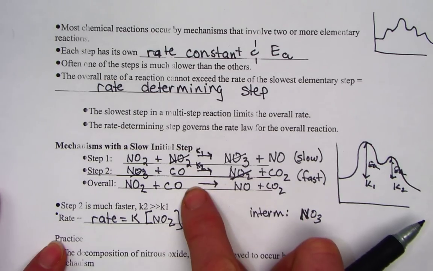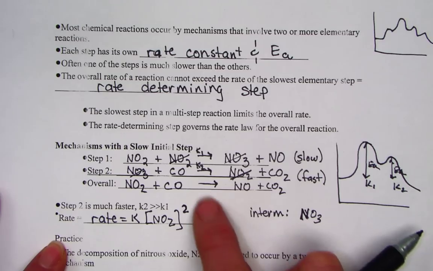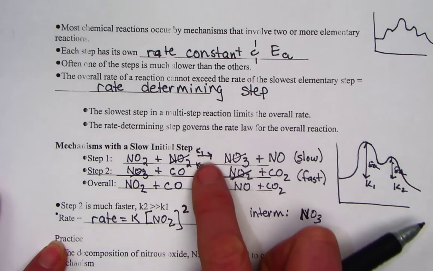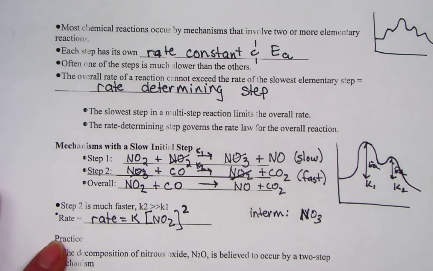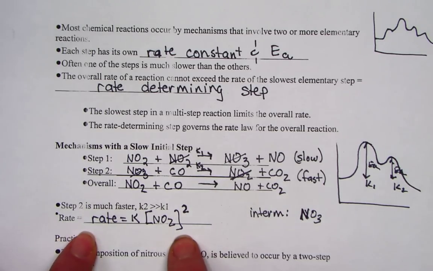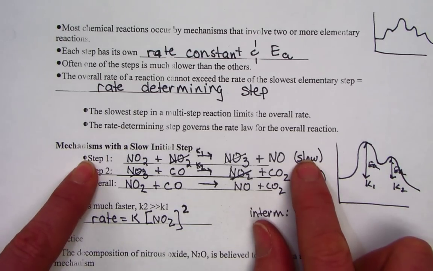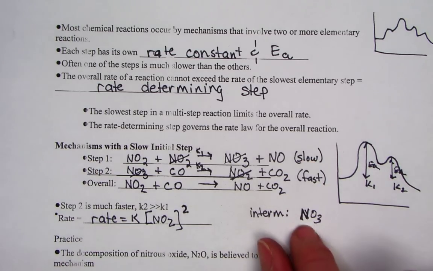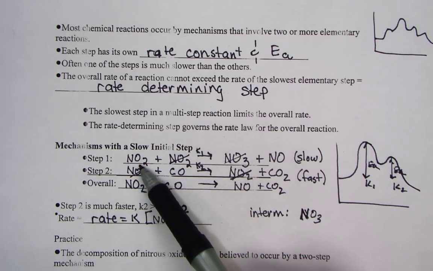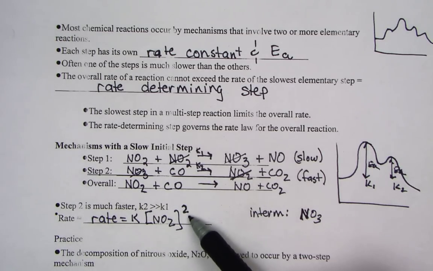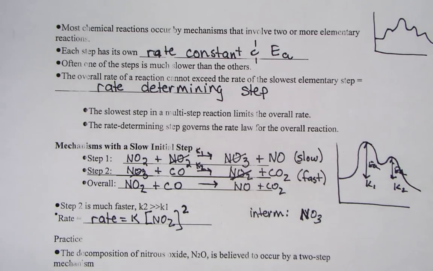Notice the other reactant, CO, does not even appear in the rate law. Even though it's in the overall equation, it was not part of my first elementary step. The observed rate law for a reaction comes from the slowest elementary step from your proposed mechanism. When I propose NO2 colliding with a molecule of NO2, I'm proposing a bimolecular rate law with respect to that reactant NO2.